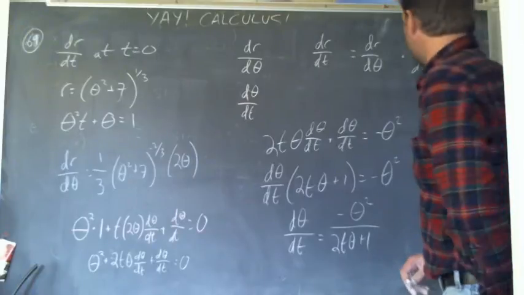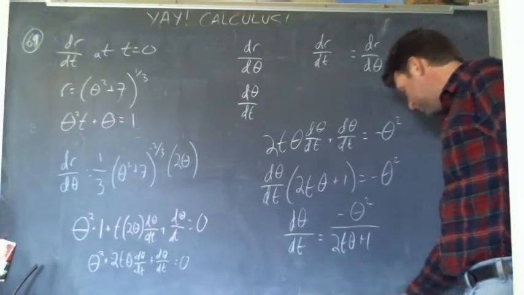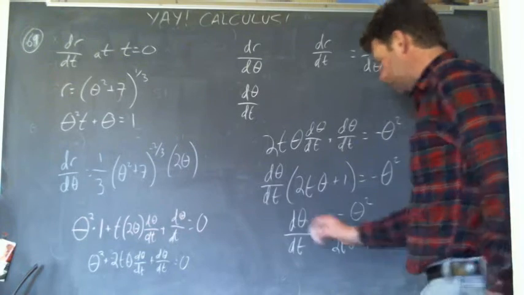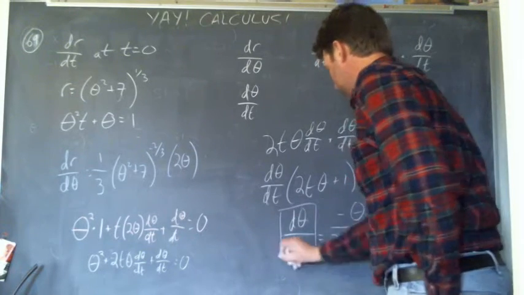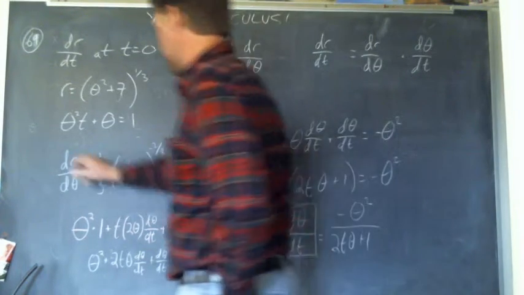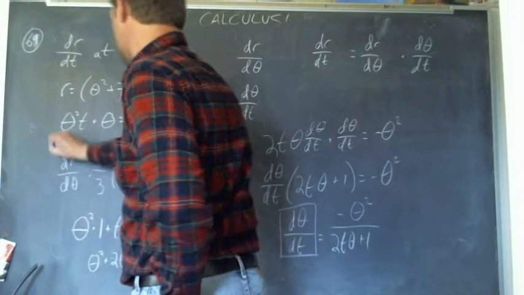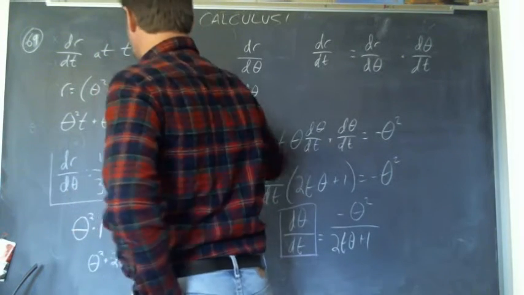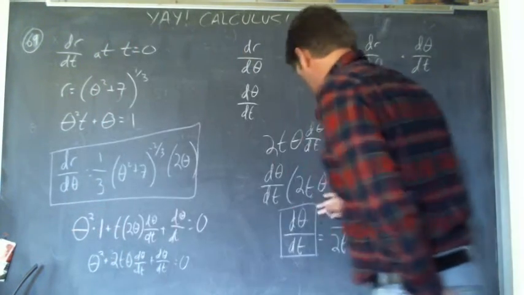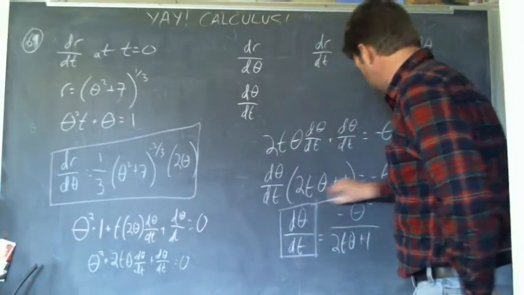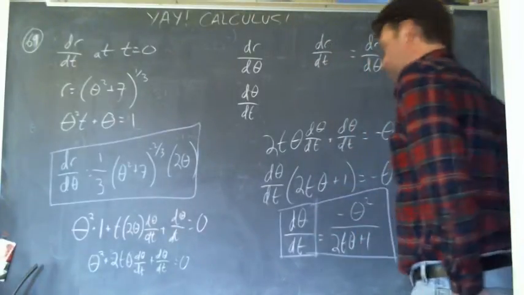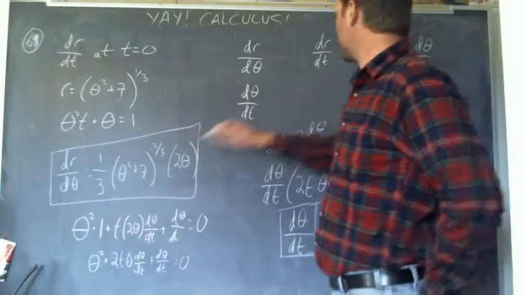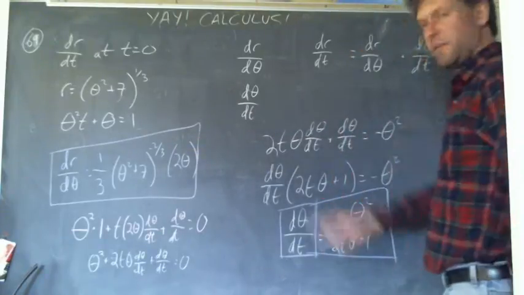All right. So now we have d theta/dt, and we have dr/d theta. There's a whole lot to put together just like this and multiply and hope everything comes out.